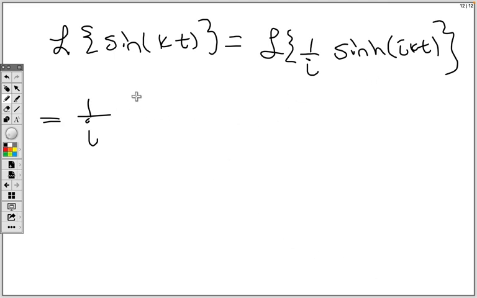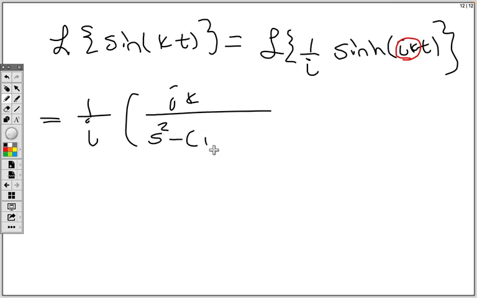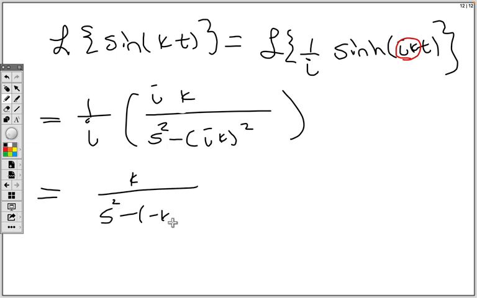And then this would be, excuse me, k. So that would be ik over s squared minus ik squared. So once again, just plugging that into the formula for sinh that we just had. And the i's cancel. And we get that. Okay. So there's your sines and cosines.